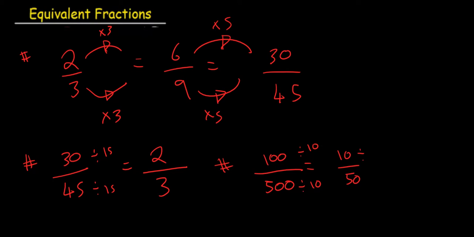Then we can divide by another 10 to get 1 over 5. And if we combine the two divisions, 10 times 10 is 100. We can see that 100 is the highest common factor of 100 and 500.